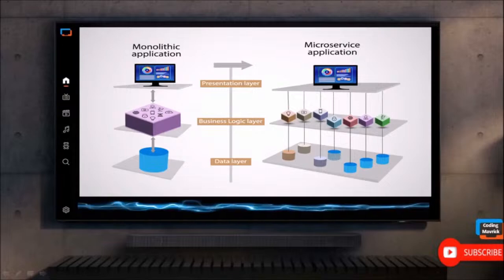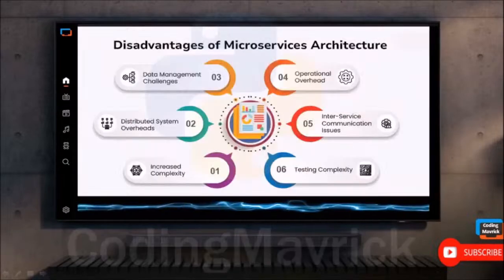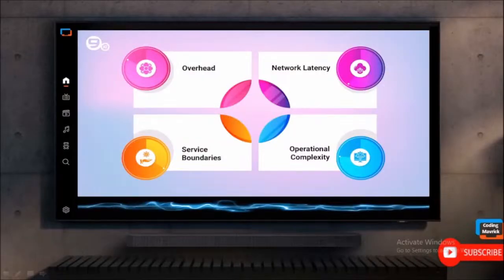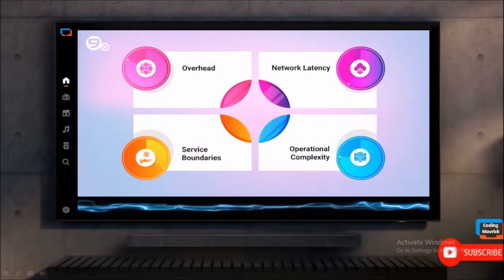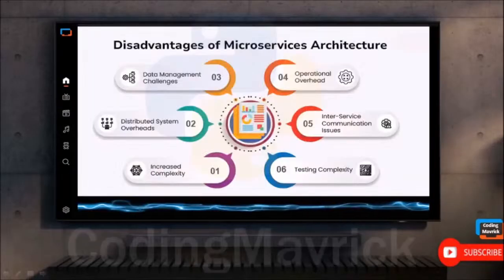But viewers, keep in mind that microservices are not free from problems. They have a few trade-offs like complexity, communication overhead, data management problems, and DevOps overhead. Managing dozens of small services, databases, and connections is tough. You will need Docker, gateways, service discovery, and logging tools. Services talk over the network, which means latency, retries, and failures can occur.